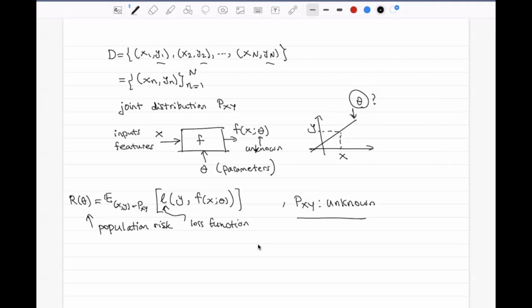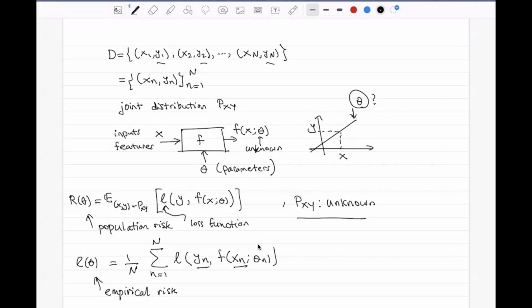So this means that in this case, we do not really know this joint distribution, but we can find the sample mean, which means that now for n equals 1 to n, where n is the sample size, we are going to compare each predicted value for x_n with respect to the actual output or ground truth output that we have in our data set. And we show this usually using L of theta.